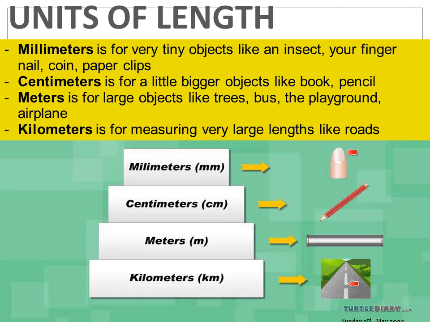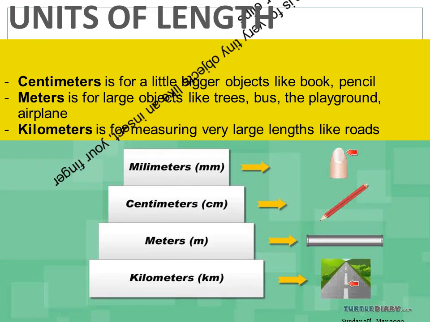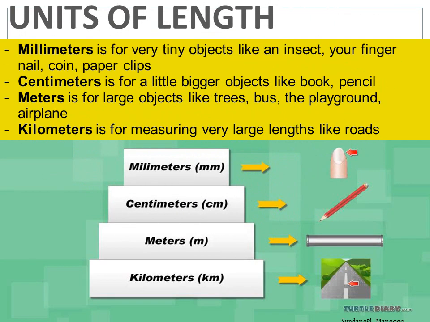It is used to measure very tiny objects like insects, your fingernail, paper clips, coins. Millimeters is used to measure tiny objects. Don't forget that. And millimeters is also the smallest unit of length.